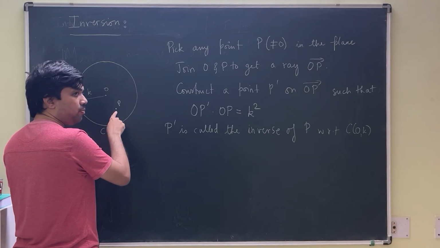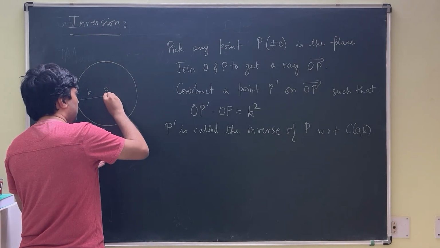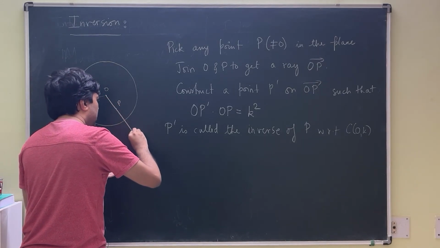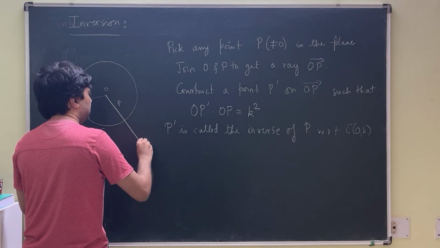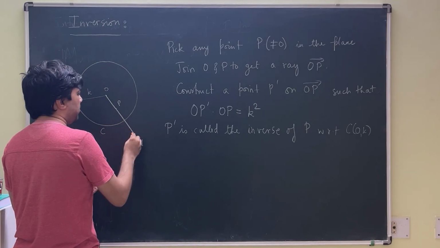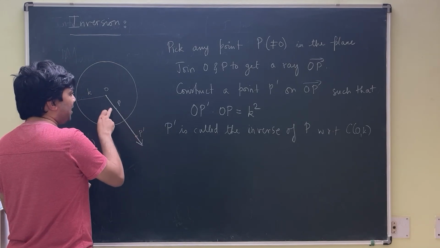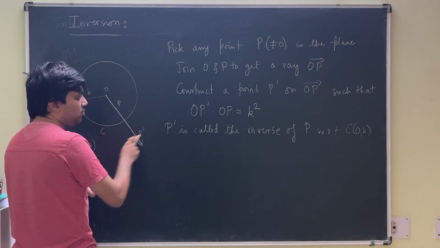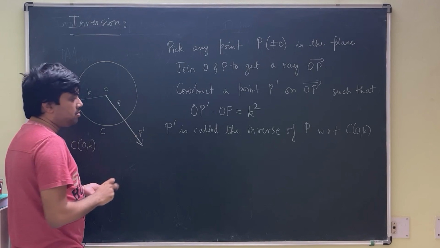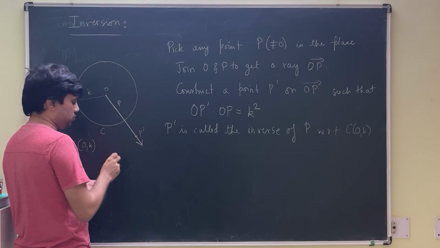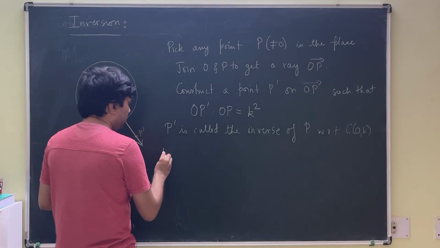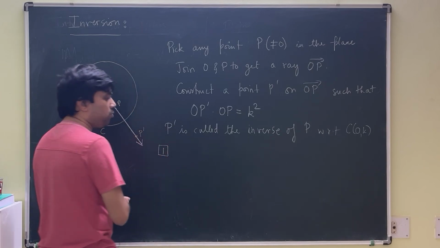So you pick a point P and join O to P. Once you get the ray, you mark a point P dash such that OP times OP dash is equal to k square. This point P dash is called the inverse of P. Now you immediately see a few cool properties.